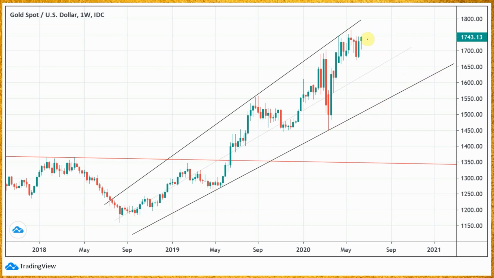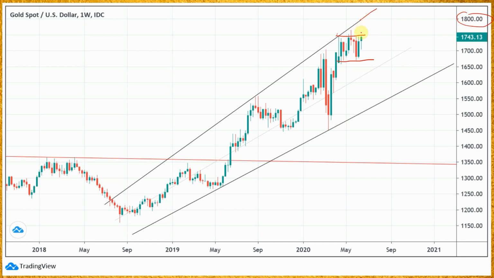It's hard to know where we're going to go from here. We're certainly at the upper end of that sideways trading range over here. And it really depends if we can break through there. But remember, there's not a huge amount of headroom at the moment because we do have strong resistance at around 1800. That dates back to around the 2013 level.